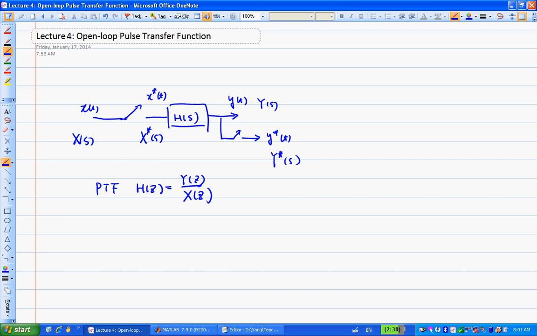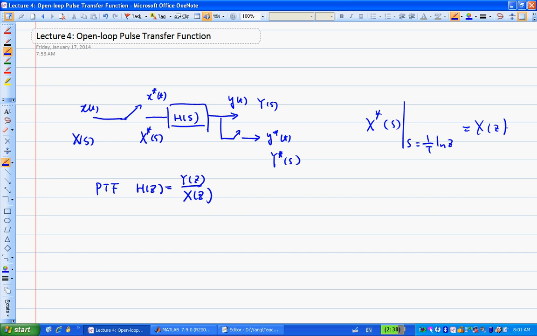The open loop or pulse transfer function for this simple block is h of z equal to y of z over x of z, which we showed in the previous lecture. Where this comes from: if you recall, in x star of s, or any symbol here, when you replace s with 1 over T log z, you get the corresponding x of z.